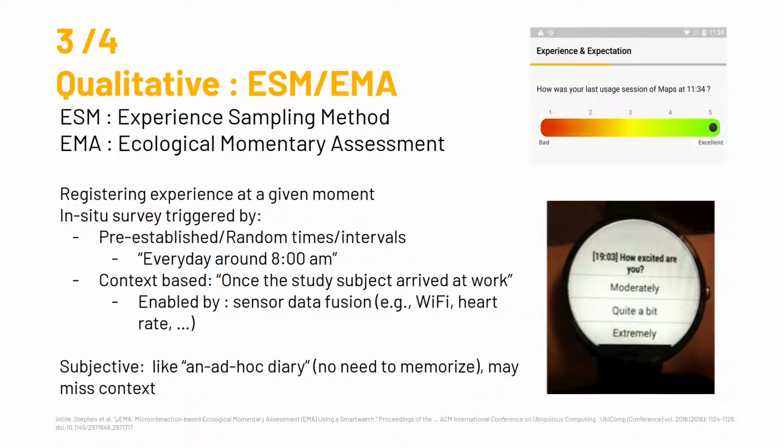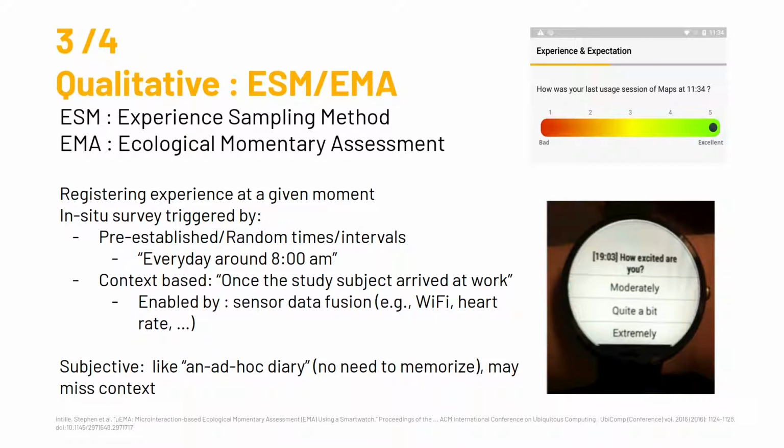On the second picture, this was something new 4 years ago, we used EMA directly on a smartwatch. The phone triggers the EMA, which is sent to the smartwatch, and the study participant can directly select a predefined response.